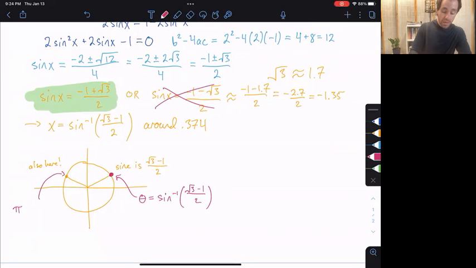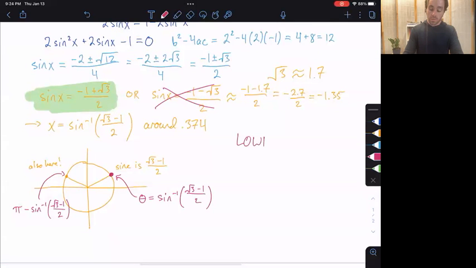It's very tricky. So the lower bound of integration is going to be inverse sine of √3 minus 1 over 2, and the upper will be pi minus inverse sine of √3 minus 1 over 2.